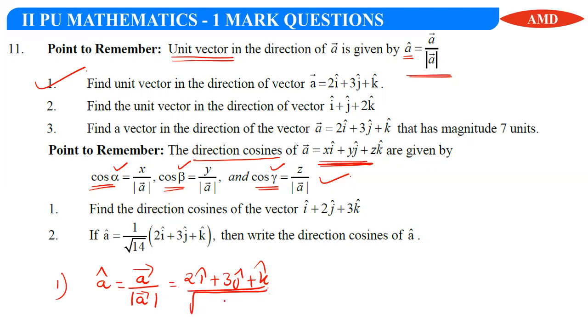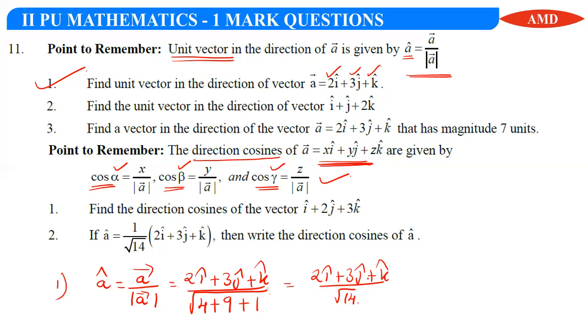It is the root of the squares of all the scalar components here. That is 2 square, that will be 4. Next 3 square, that is 9, plus 1 square is 1, which is equal to 2i cap plus 3j cap plus k cap whole divided by root 14. This is how we could answer these questions.